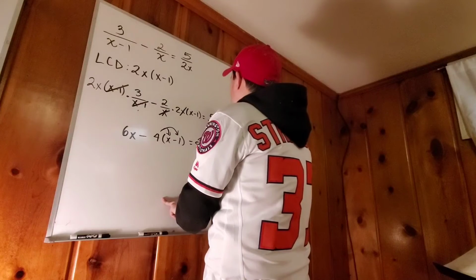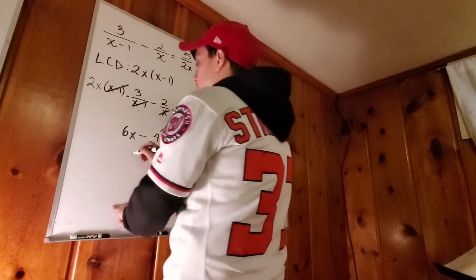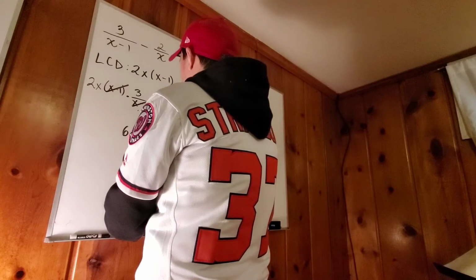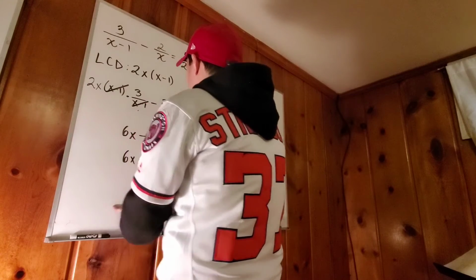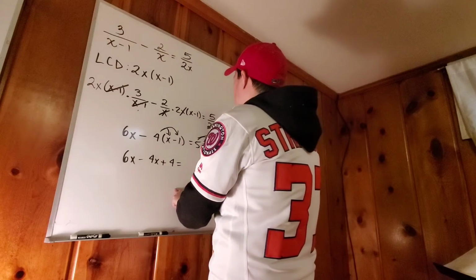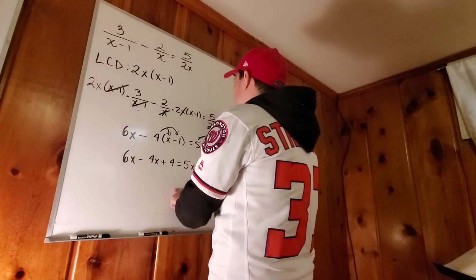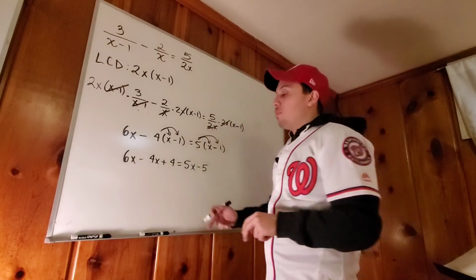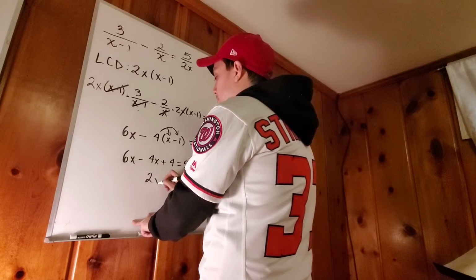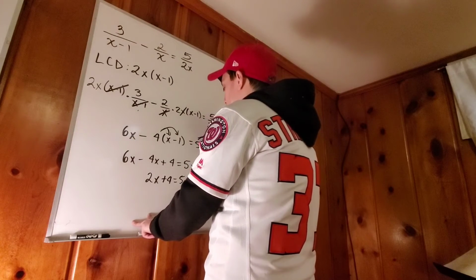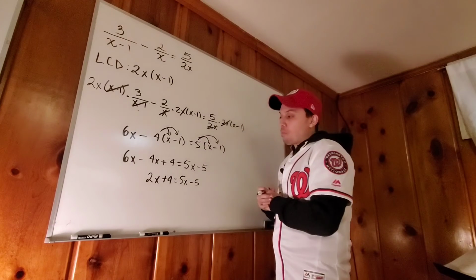We're going to distribute the 5. And so it's going to be 6x minus 4x plus 4, because negative and negative is positive, equals 5x minus 5. Look at that. 6x minus 4x is going to be 2x plus 4 equals 5x minus 5, right?